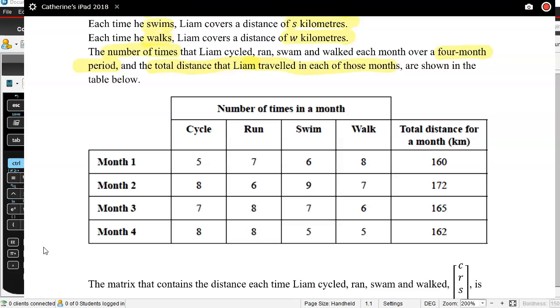So in month 1, he cycled 5 times, he ran 7, he swam 6 times, and he walked 8 times, and he covered in that month 160 kilometres.